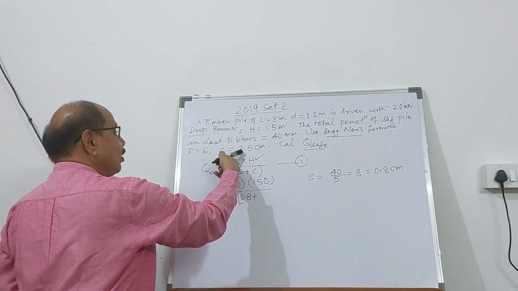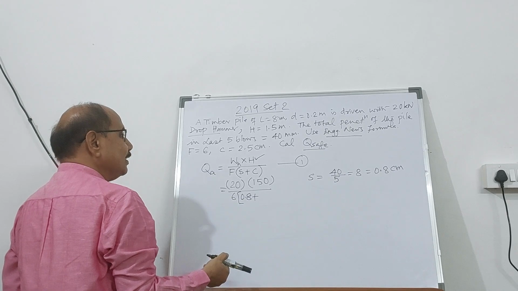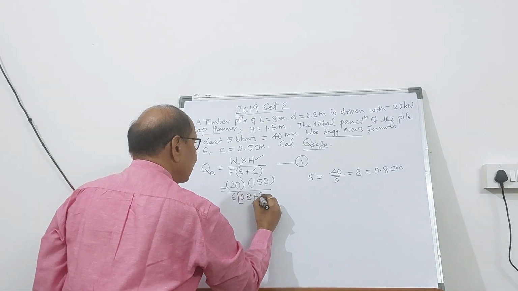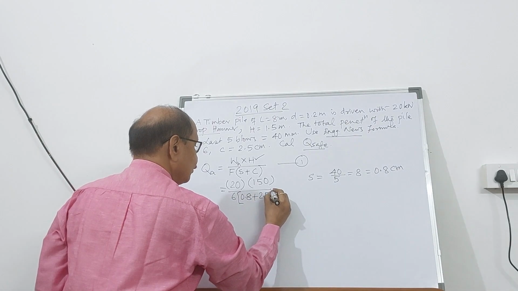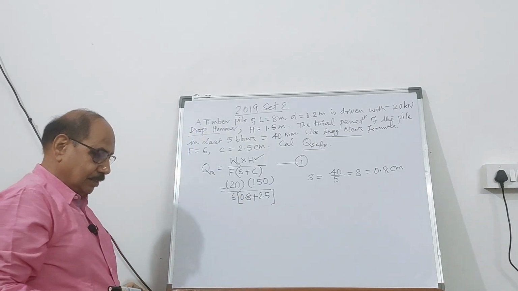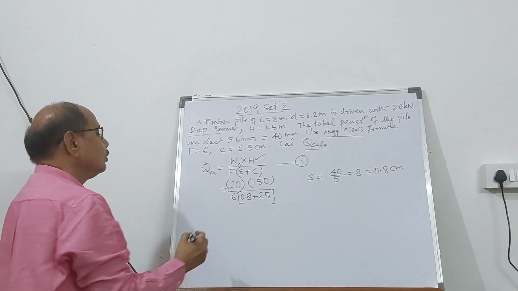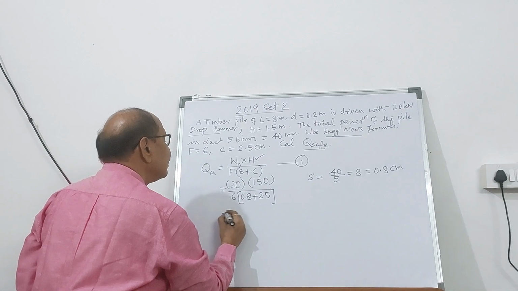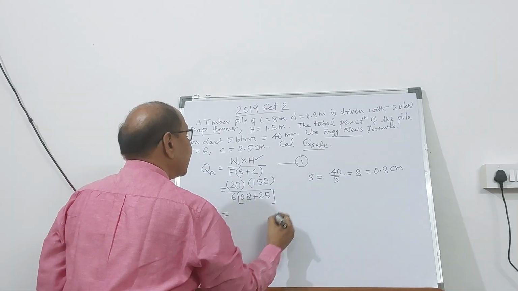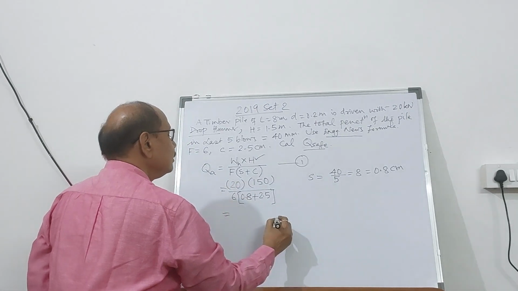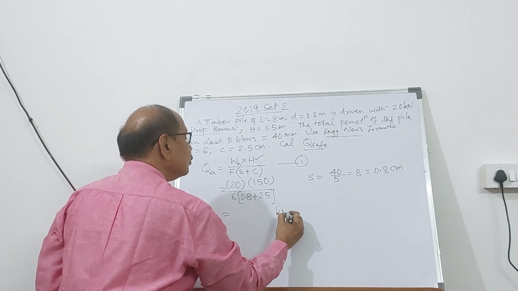And the losses are given already in centimeter, that is 2.5 centimeter. So everything is given over here. Now we can calculate it. This is in kilonewton, so the answer will also be in kilonewton.